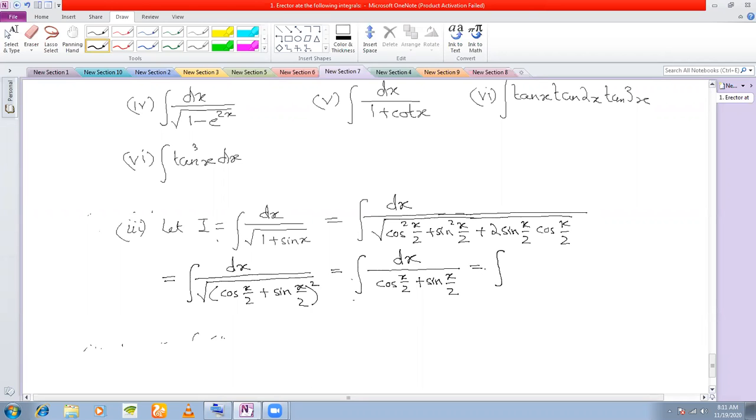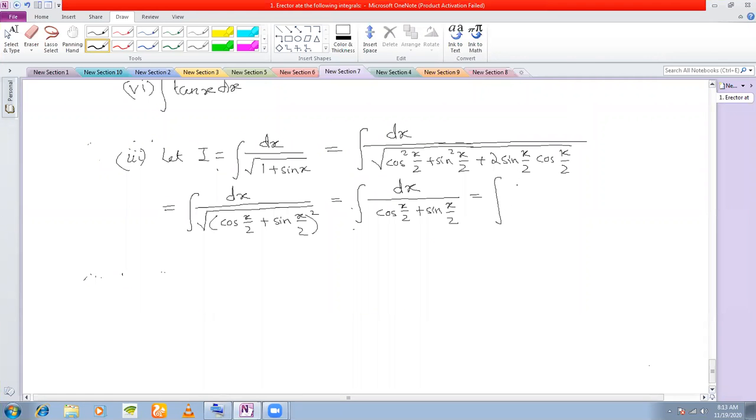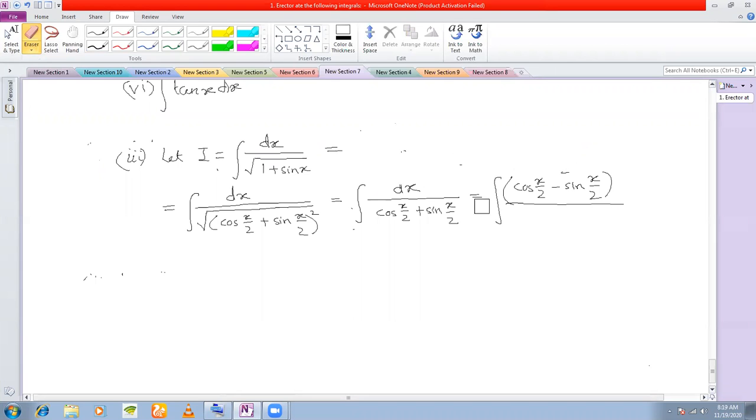You change sine to a tan, or you multiply the numerator and denominator by cos x by 2 minus sine x by 2. You can proceed in this way also.